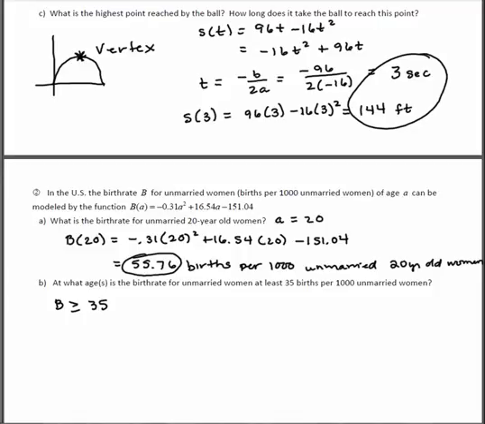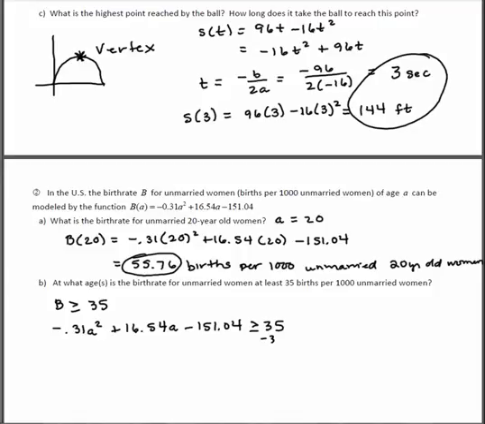And I'm going to go ahead and put this in here. Here's the B. And I want that to be greater than or equal to 35. Now once again, when I'm working with quadratics, I would like 0 on one side.